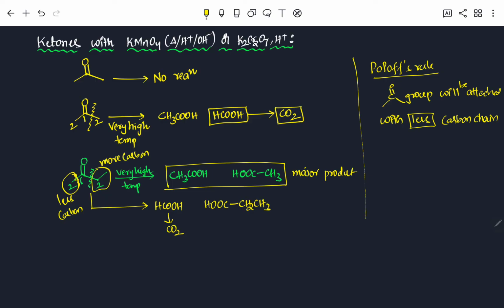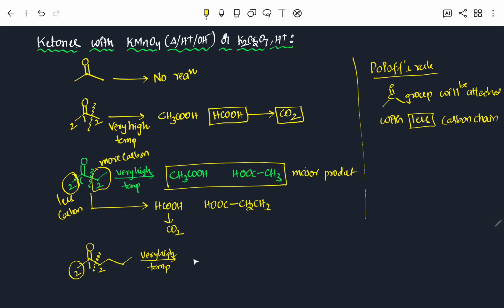Suppose we take another example. Suppose a ketone is given like this and we are using KMnO4 or K2Cr2O7 at very high temperature. So here two possibilities are there, but I am writing the major product. It is a less carbon chain, it is a more carbon chain. So majorly we have to break the bond here.